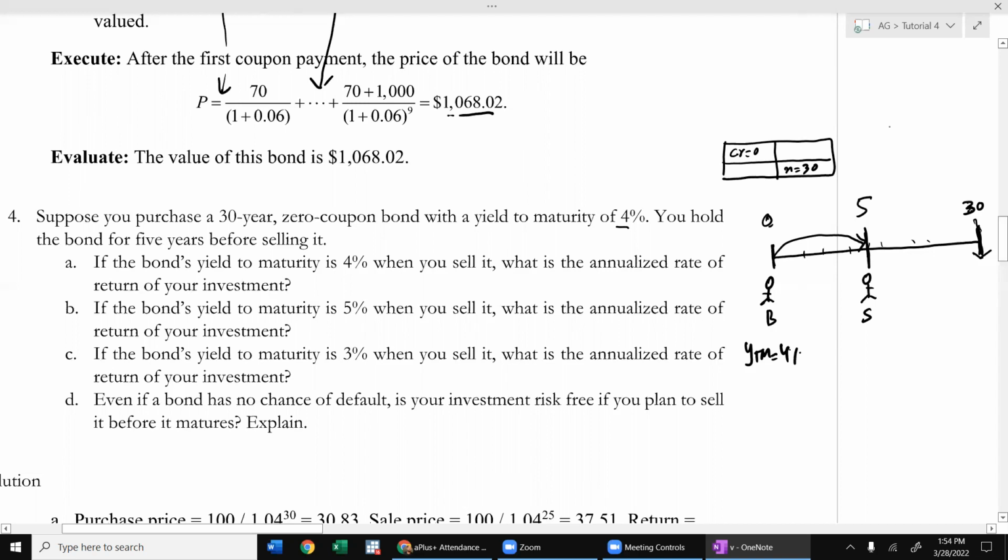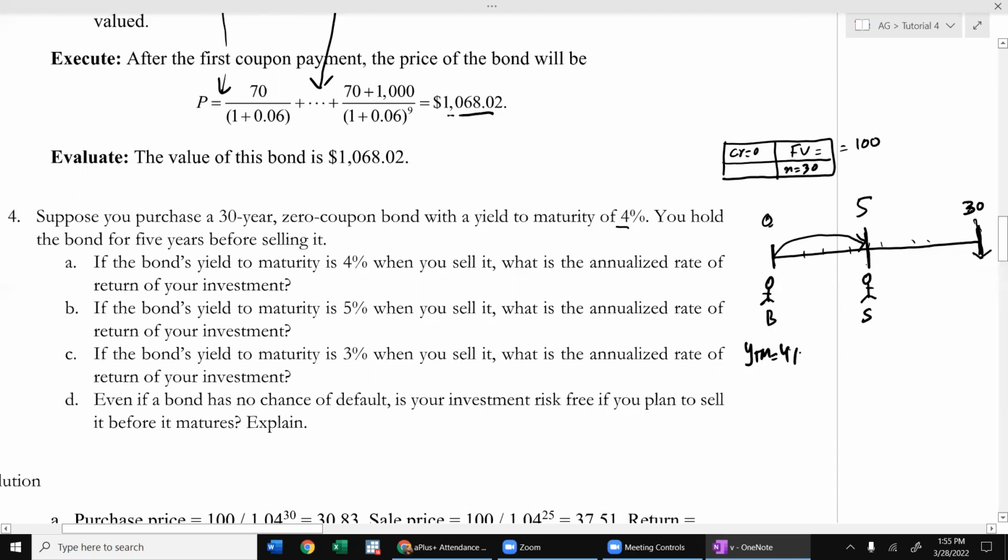Anyone? I told you last time that if the face value is not given, you will assume it to be 100. You can also assume it 1000, but I would suggest to assume it 1000.